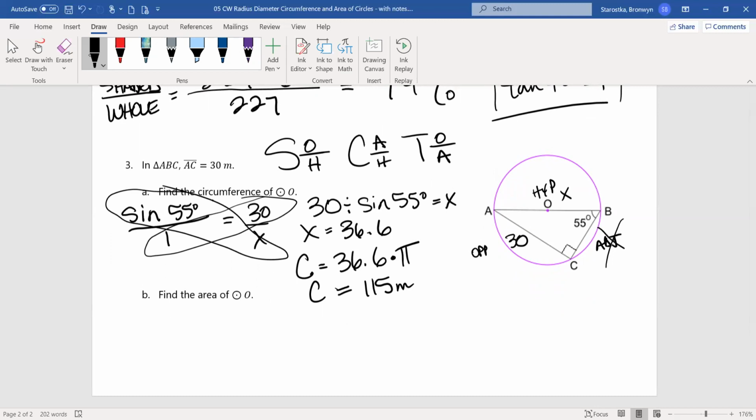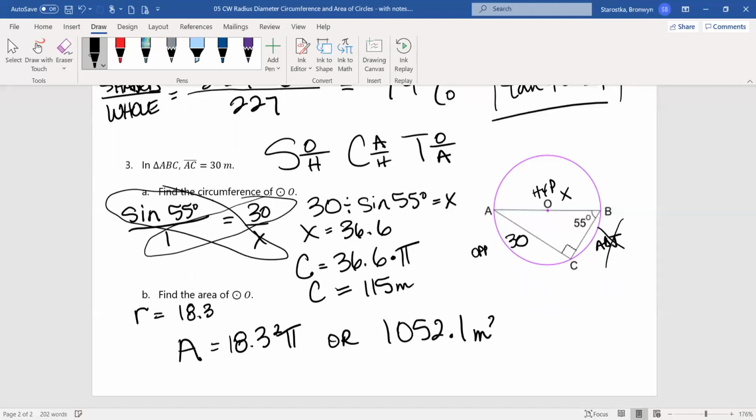So half of 36.6, my radius is 18.3. My area is 18.3 squared pi, or 1052.1 meters squared.